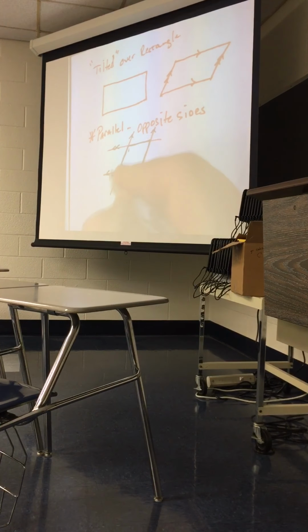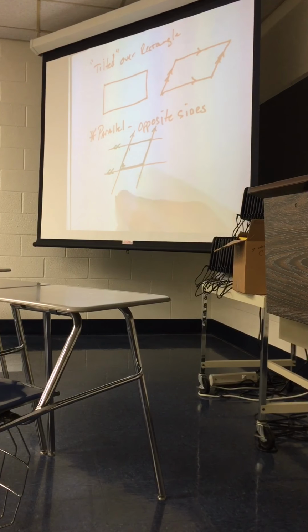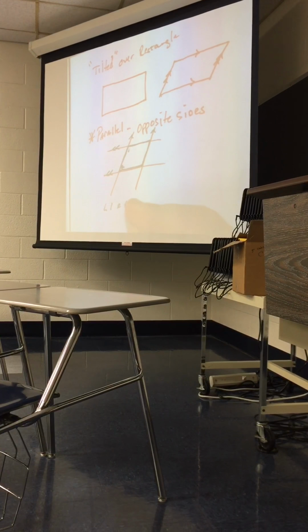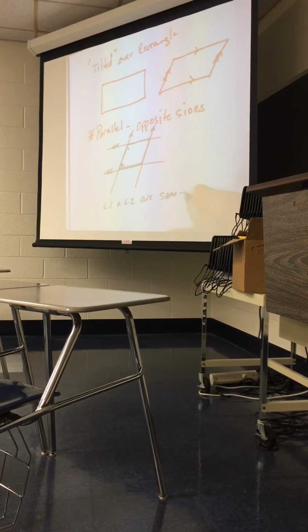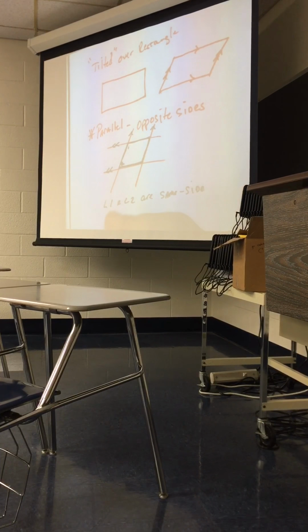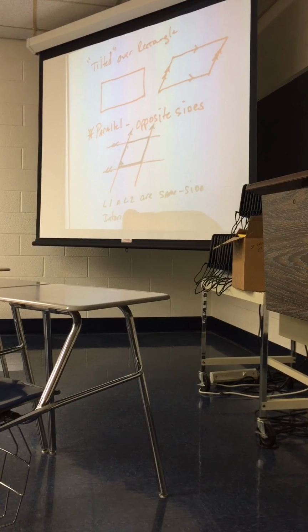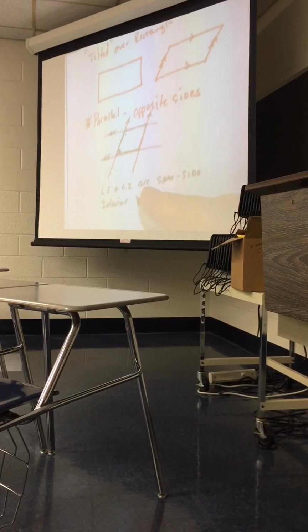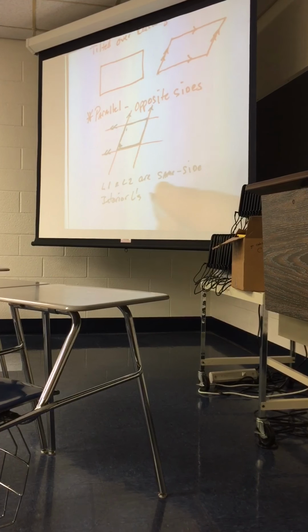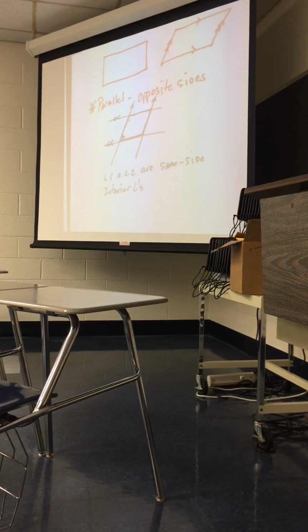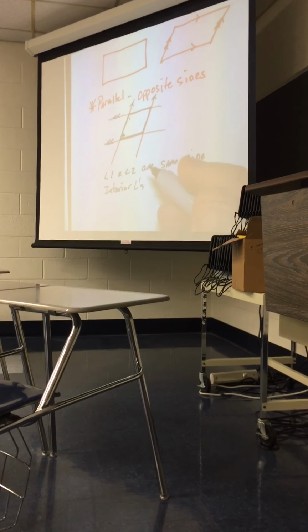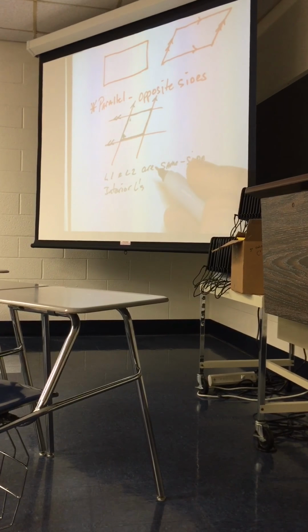What kind of angles are they? Same side interior angles. Angle 1 and angle 2 are same side interior angles. What do we know is true about same side interior angles? Anybody remember? Supplementary. They are supplementary, that's right. With the S's, alliteration, same side interior angles are supplementary.